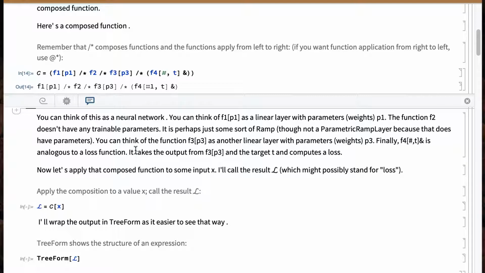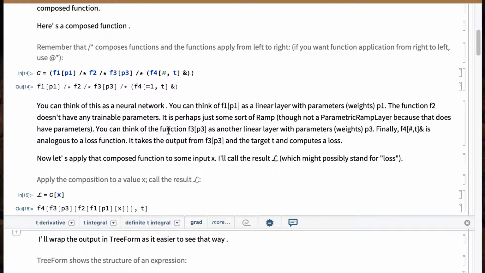And so the idea is going to be, well, let's take this, f1, f2, f3 of p3, as our prediction. Let's stuff that into the input slot here of f4 and bring in the target. Okay? So let's call the result of applying that composed function to x, which is what we start off with, our features, script capital L. Right?